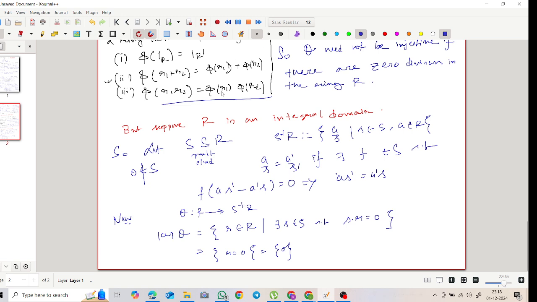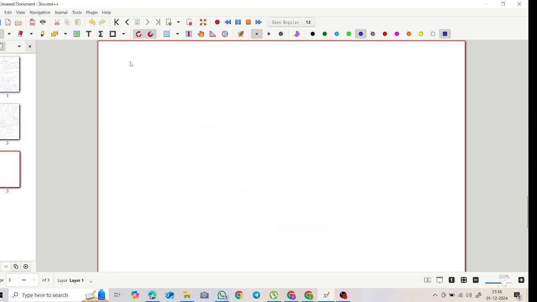Okay, let's see another thing. Suppose R is there and f belongs to R, not equal to 0.